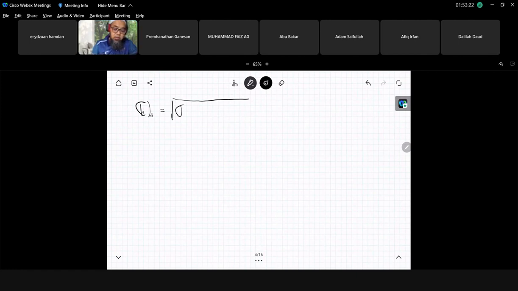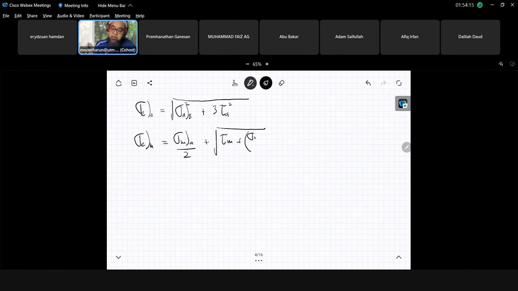So sigma alternating bending squared plus tau alternating, and then equivalence means, kita guna apa dia panggil, sigma means axials divided by 2, then plus means plus sigma means axial divided by 2 squared.